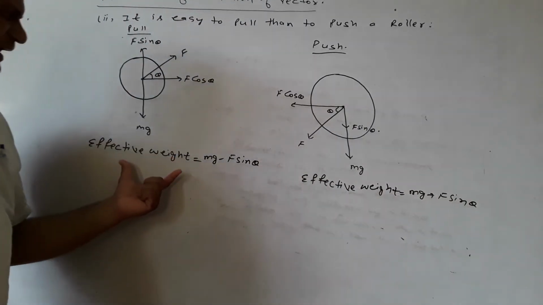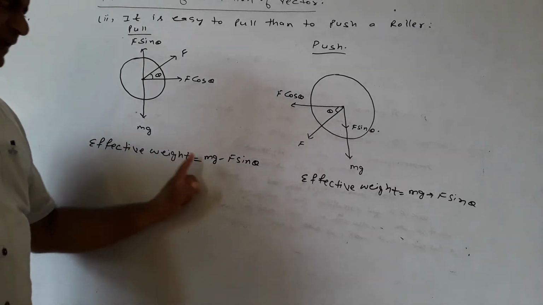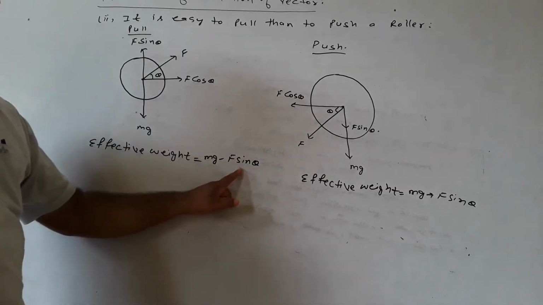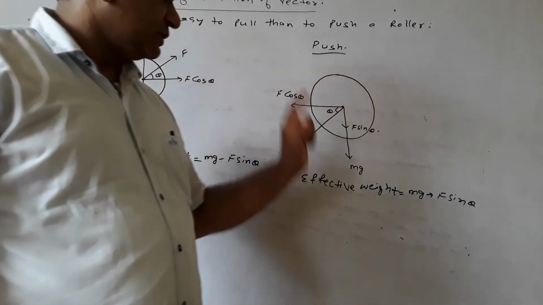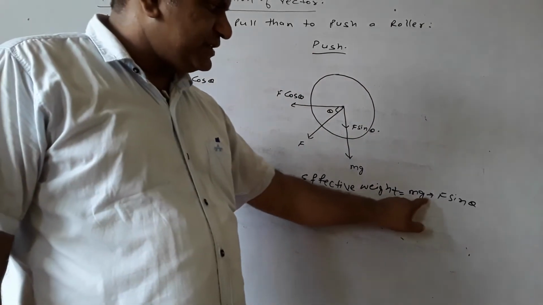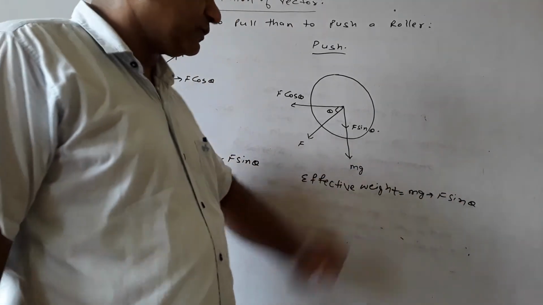Now, in the case of a pull, the effective weight is mg minus F sin theta, so this effective weight will be less. And in the case of a push, effective weight equals mg plus F sin theta, therefore effective weight will be more.